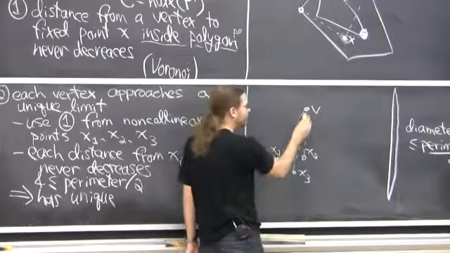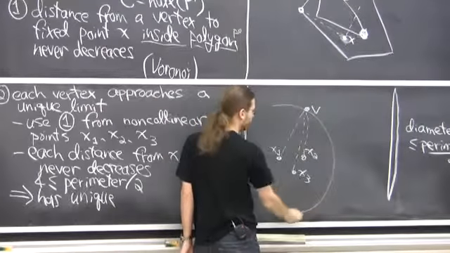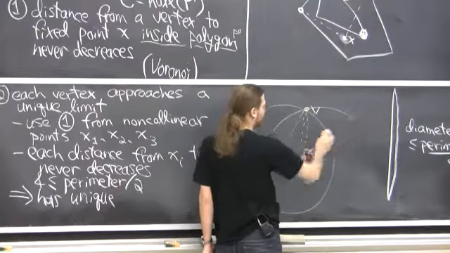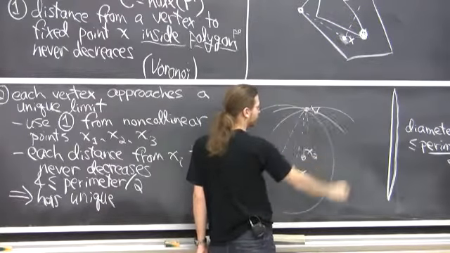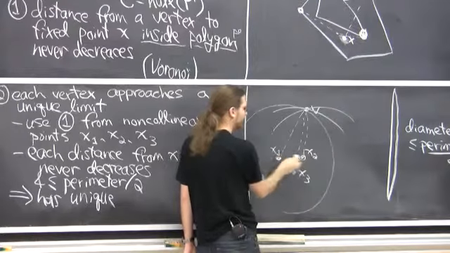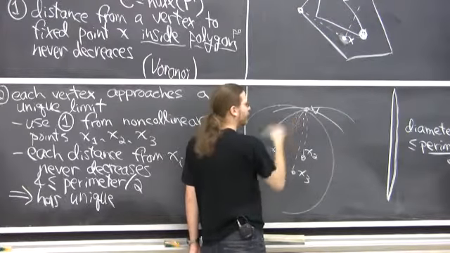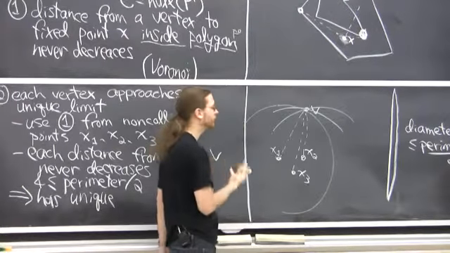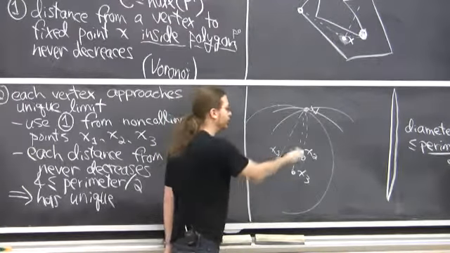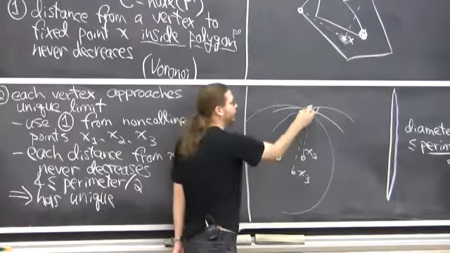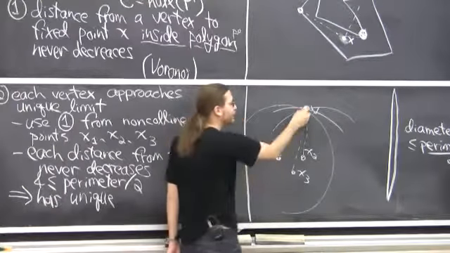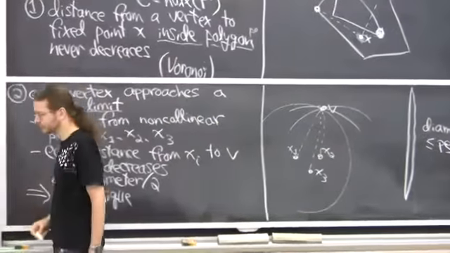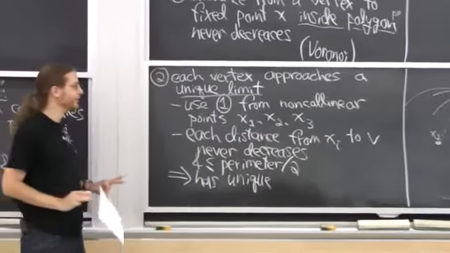Which means that in the limit, v has to lie on a circle centered at x1, and on a circle centered at x2, and on a circle centered at x3. And because I assumed that x1, x2, x3 were not collinear, these circles will have a unique intersection. 2 circles have 2 points of intersection. 3 generic circles will only have a single point of intersection. And so v must go there in the limit, and so that's a unique point. Okay, so far?